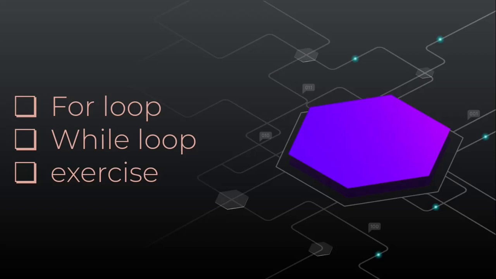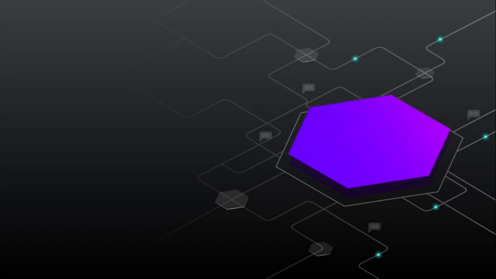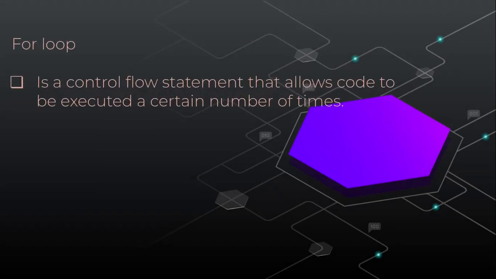Cool. So let's head over to a for loop. So a for loop can be defined as a control flow statement that allows code to be executed a certain number of times. Just mark that part, a certain number of times.